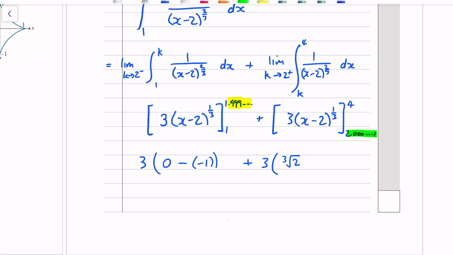The cube root of that is 0, and we get 3 multiplied by 1 plus the cube root of 2. And that's the answer you would get if you had completely ignored the limiting bits, because both of the limiting bits were 0, so they had no effect on the final answer if you just integrated from 1 to 4.